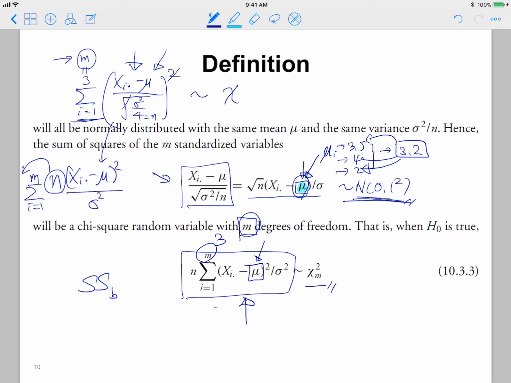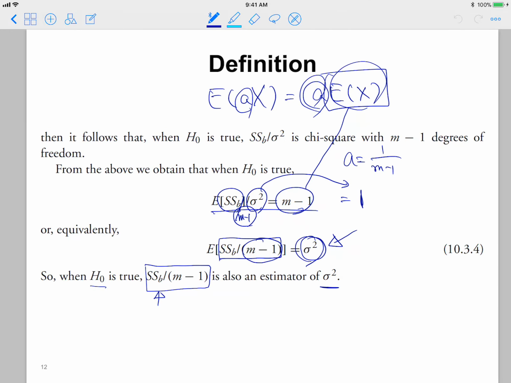And in this case, the variance of this value will tend to be greater than the true variance, because we used the wrong value of mu.